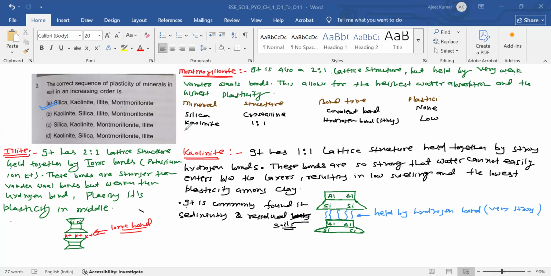If the mineral is illite, then this is a 2:1 mineral, and the bond is ionic potassium, which is medium, and plasticity is also medium.